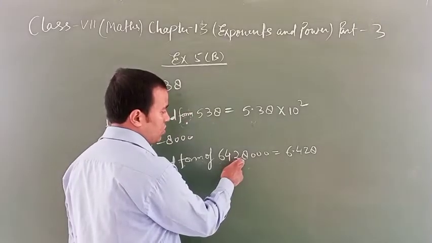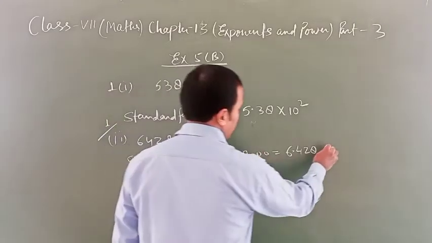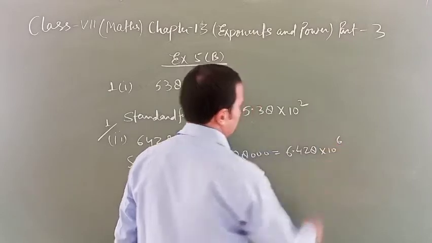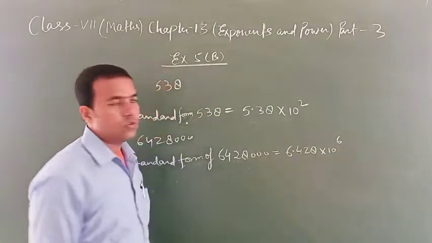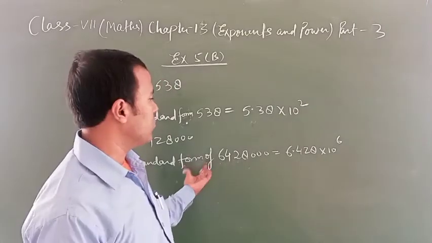So 1 2 3 4 5 6 means into 10 to the power 6. Clear. 6.428 into 10 to the power 6 is the standard form of this number.